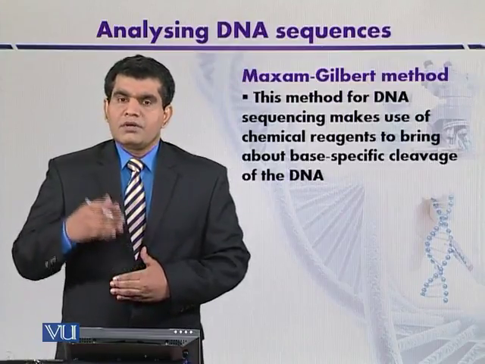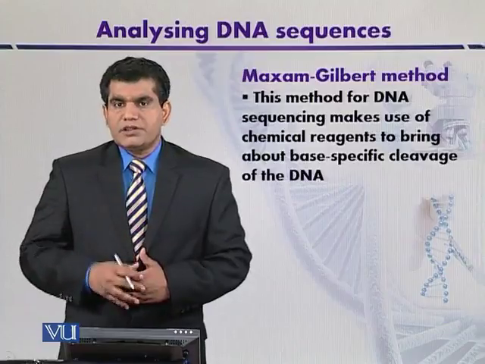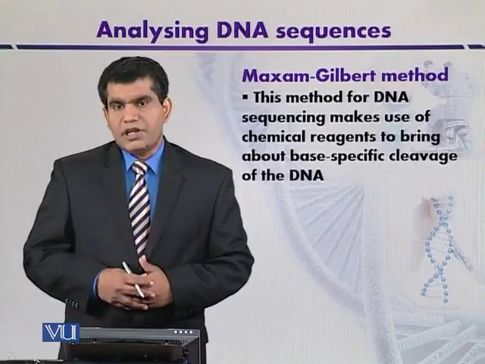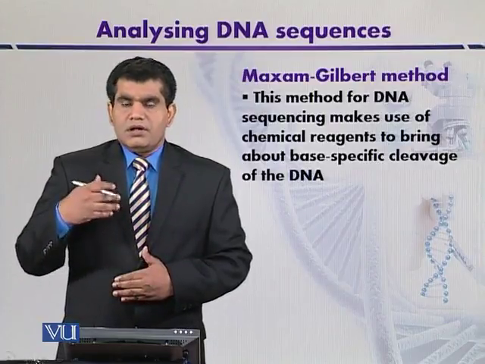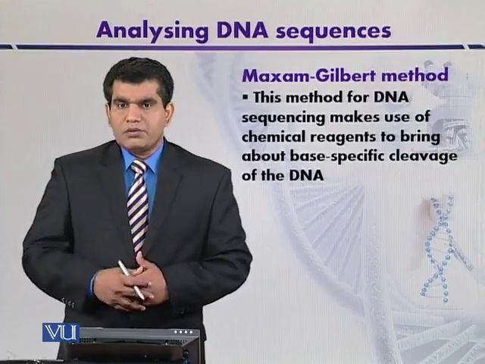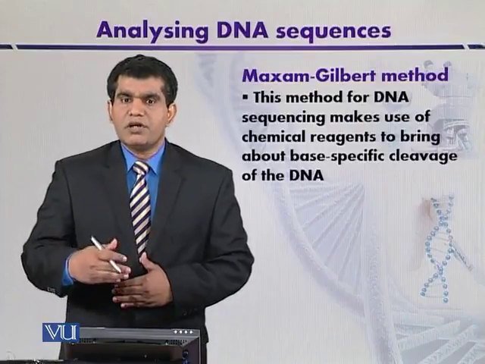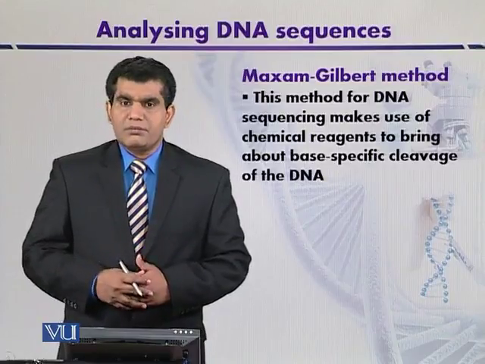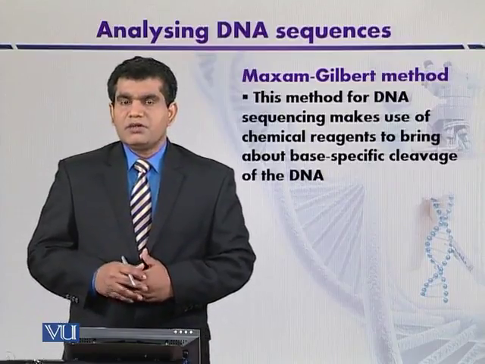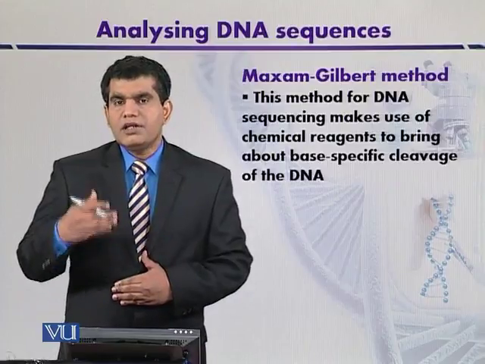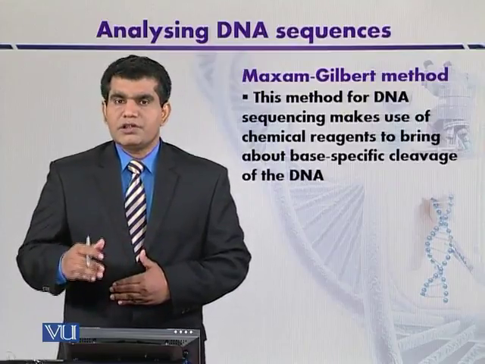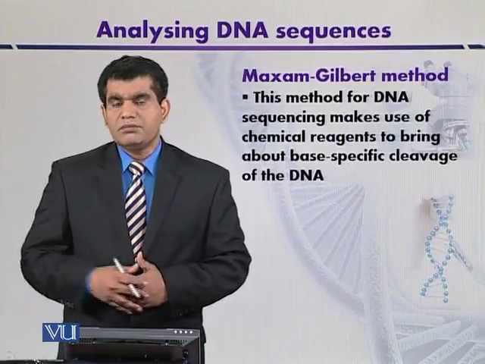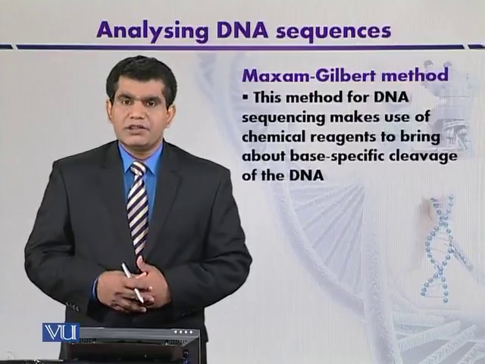Then in the next step, the altered base is removed by using certain chemicals from the sugar backbone, and after the removal of the altered base, the sugar bond can be cleaved. So in this way we will get DNA fragments whose elongation has been terminated, because of the presence of some modified nucleotide bases.